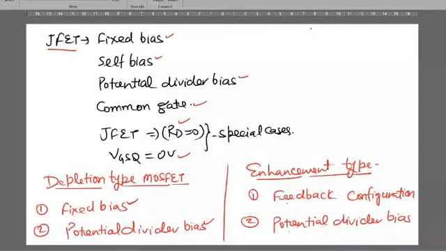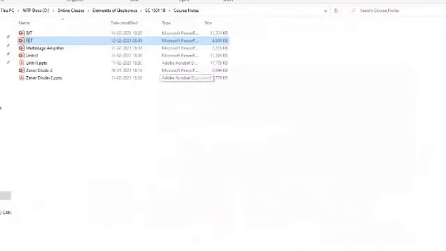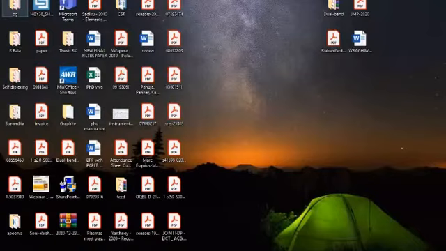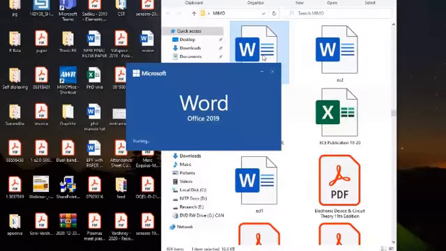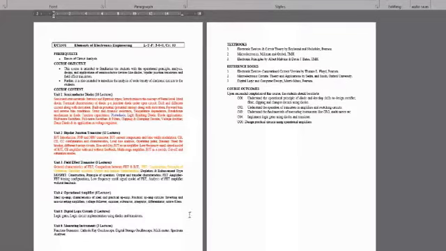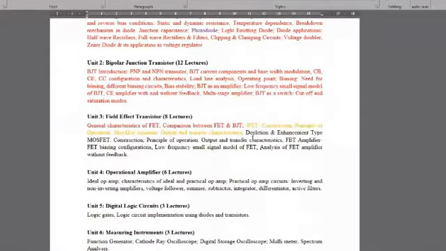Okay, and let me check your syllabus first. Which biasing scheme is there in your syllabus? This depletion enhancement, construction, principle of operation, transfer characteristics done. JFET is done. FET amplifier, FET biasing configuration, low frequency FET.